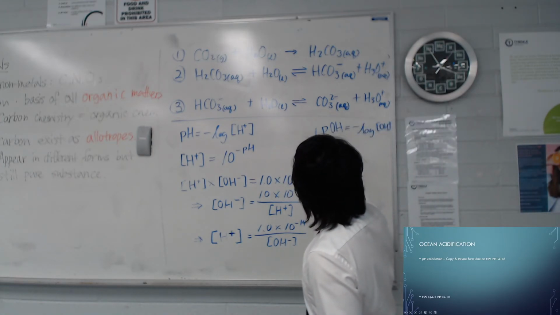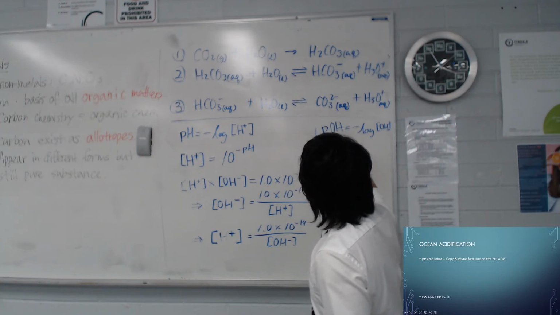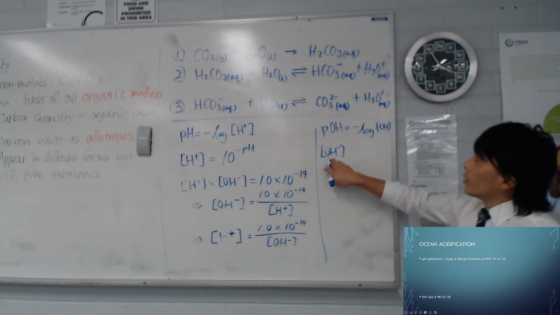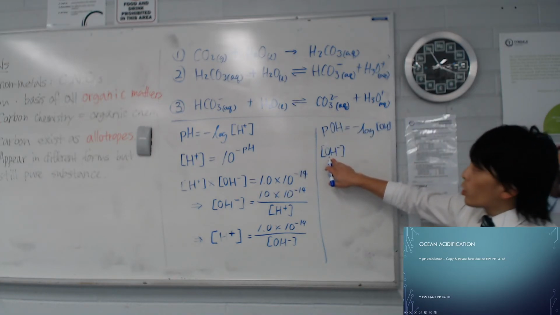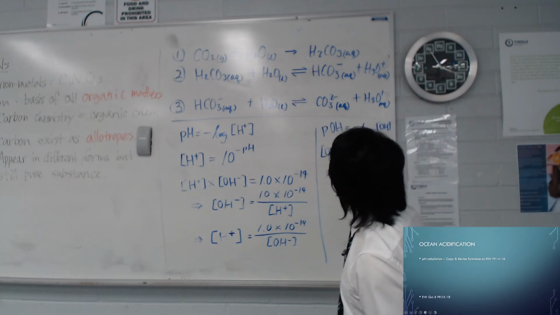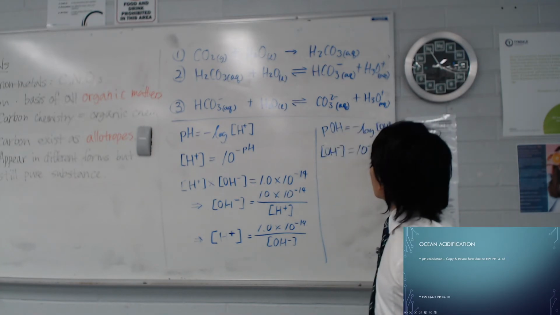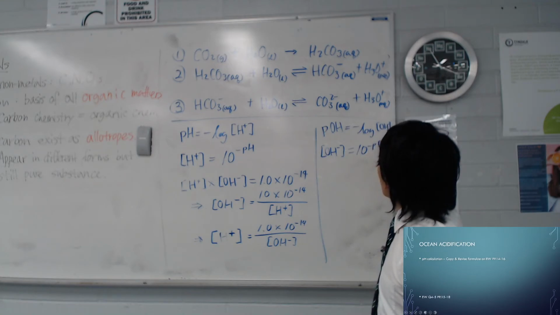For you to find the hydroxide ion's concentration, you can also do 10 to the power of negative pOH.